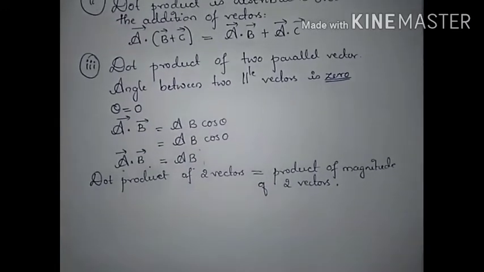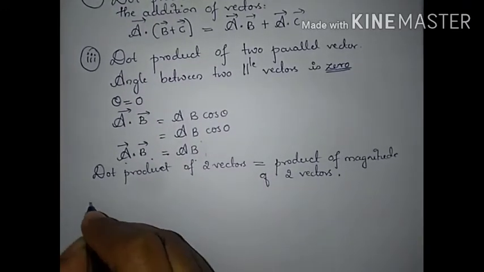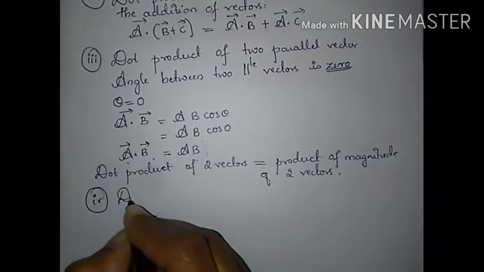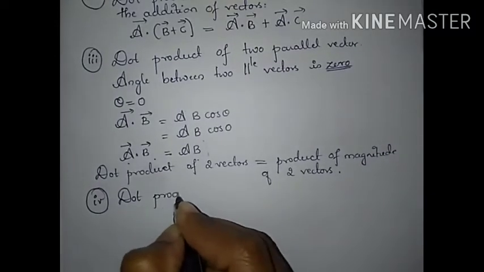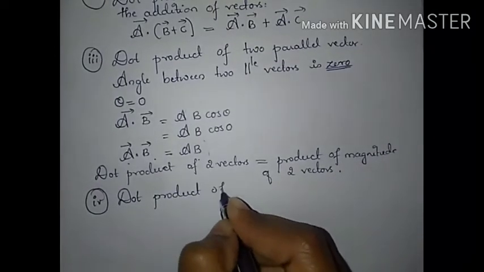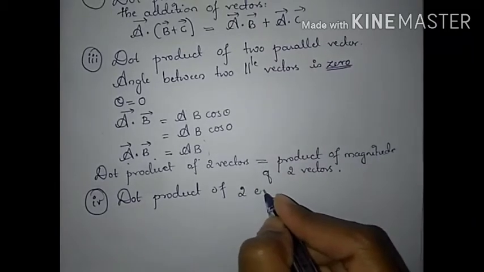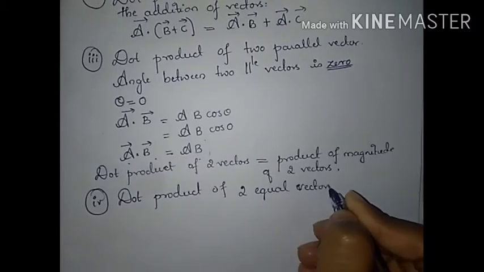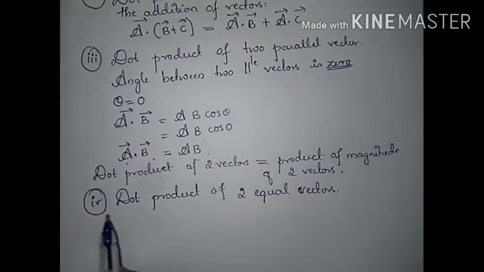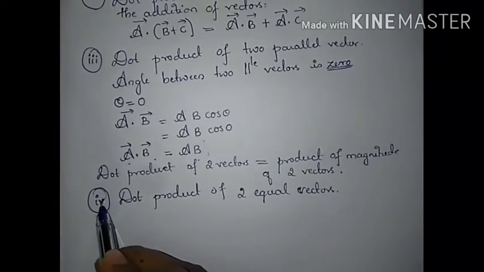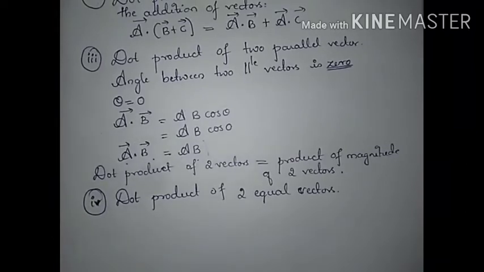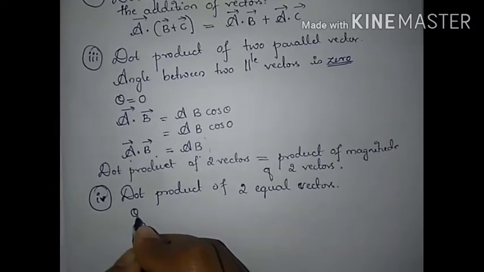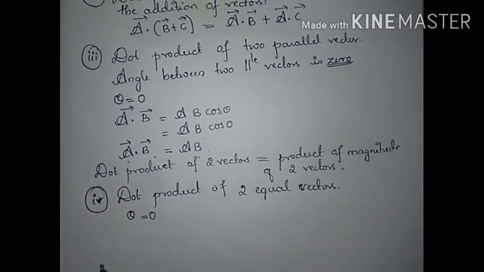Now the fourth point is the dot product of two equal vectors. The angle between two equal vectors will again be theta equal to 0.